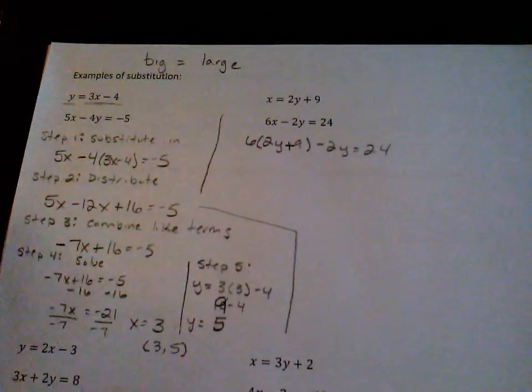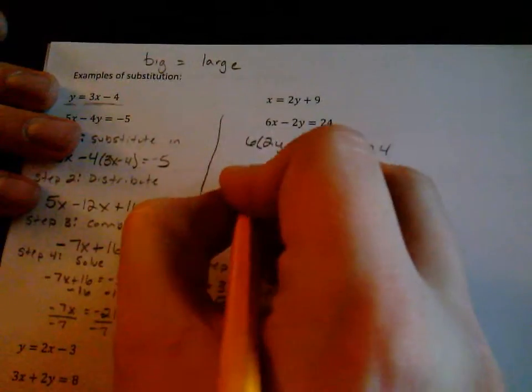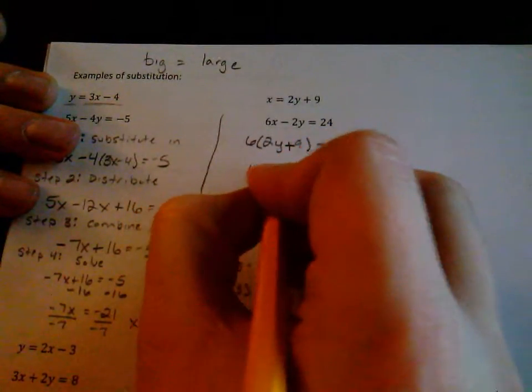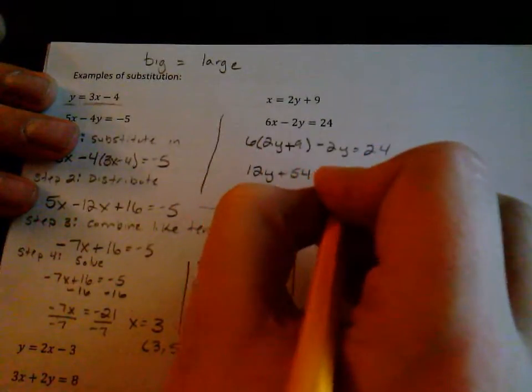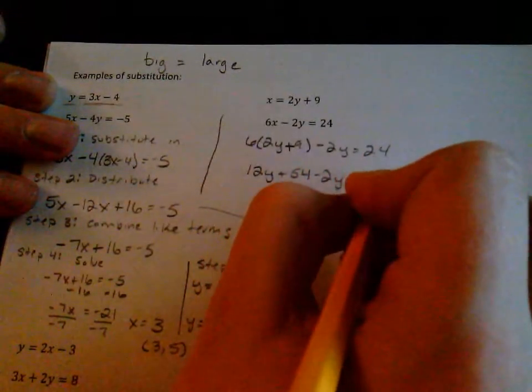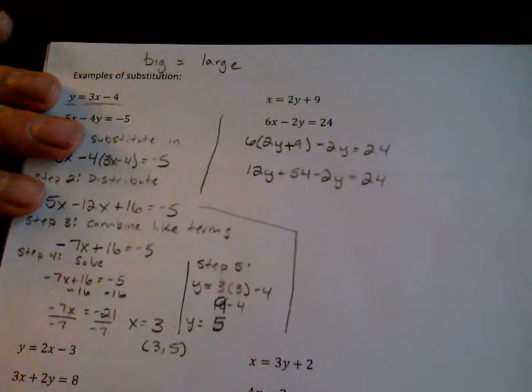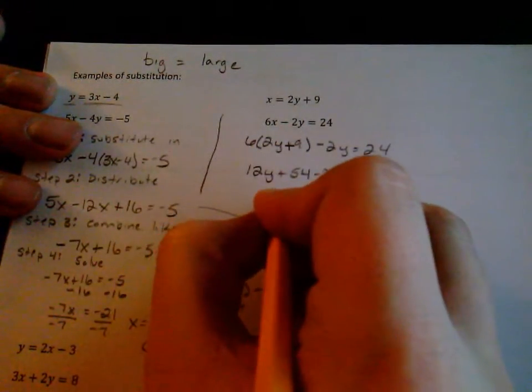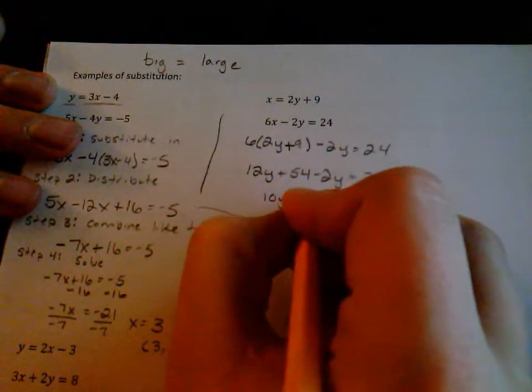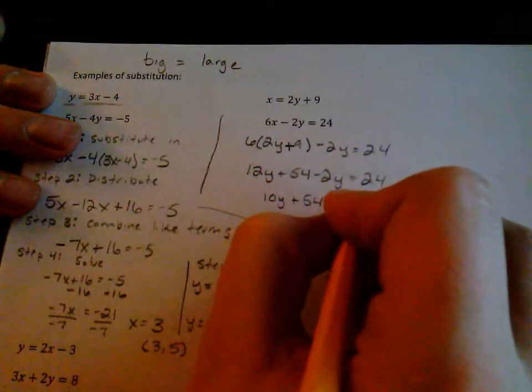Step 2 is to distribute, so it becomes 12y plus 54 minus 2y equals 24. Combine like terms, 12y and negative 2y becomes 10y plus 54 equals 24.